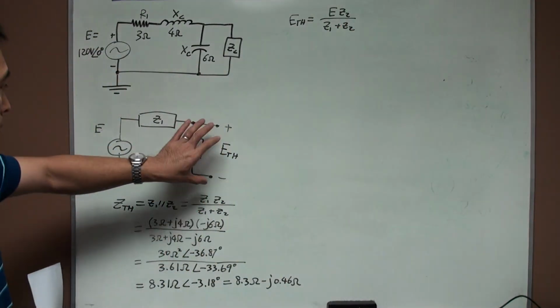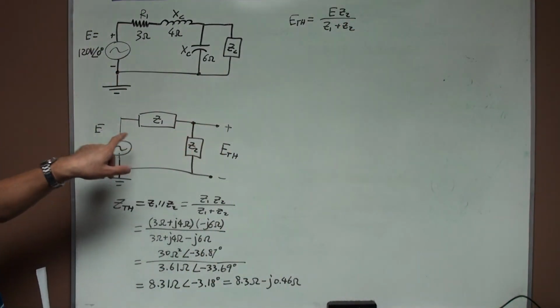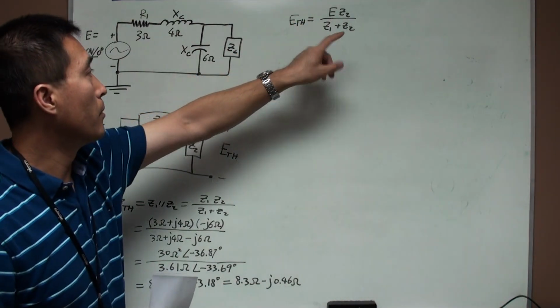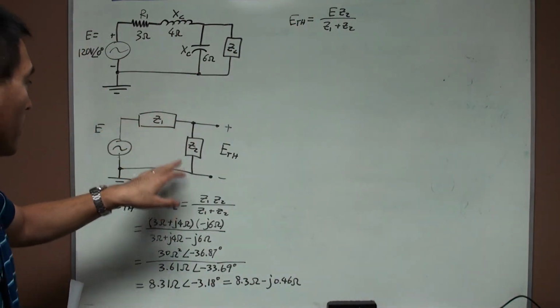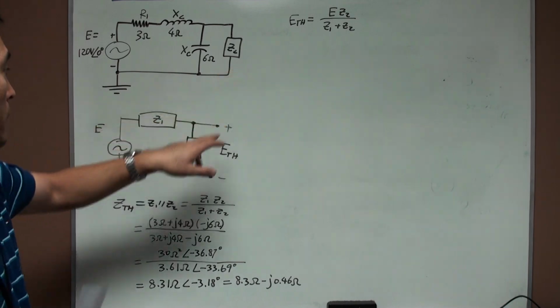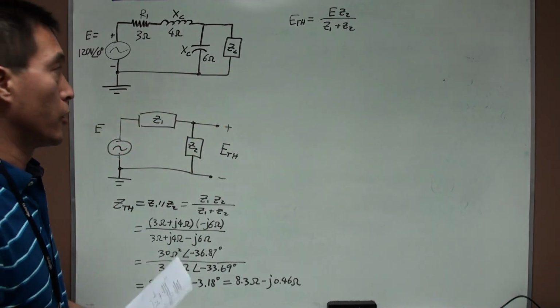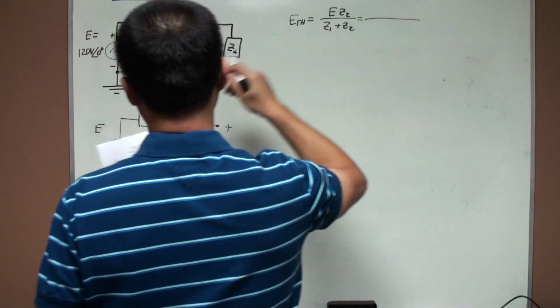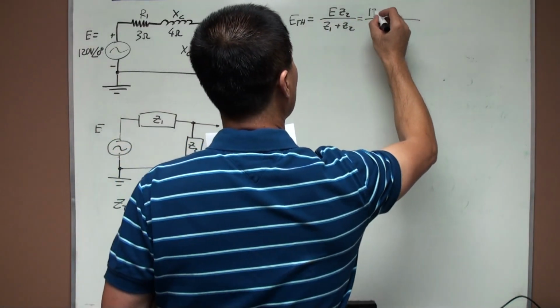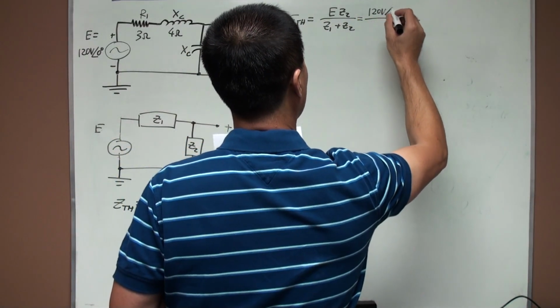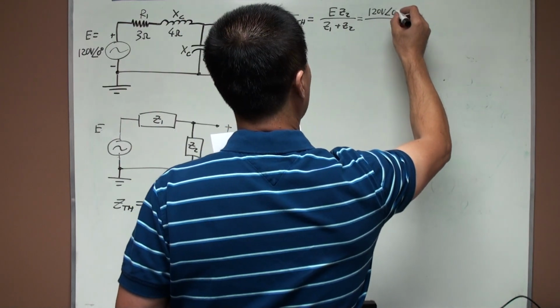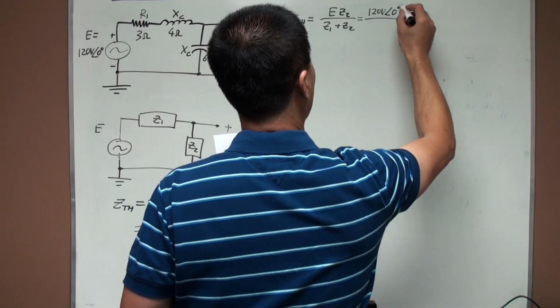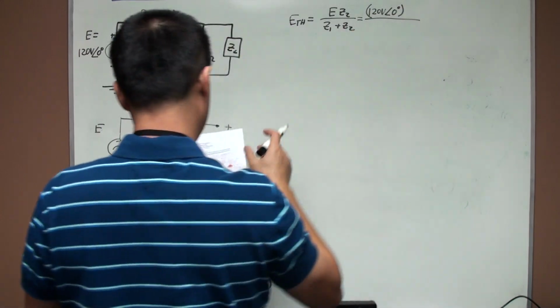E over Z1 plus Z2 will be the current, and the current times Z2 will be the voltage. E is equal to 120 volts with an angle of 0, times Z2.